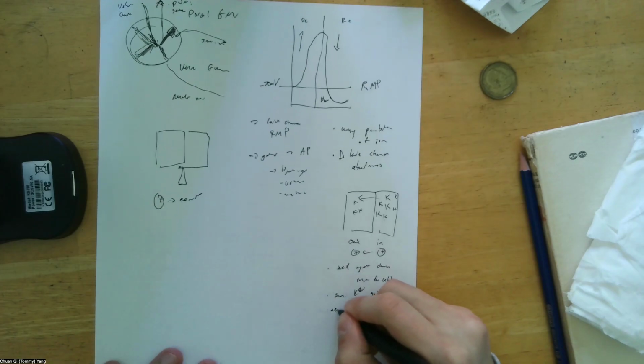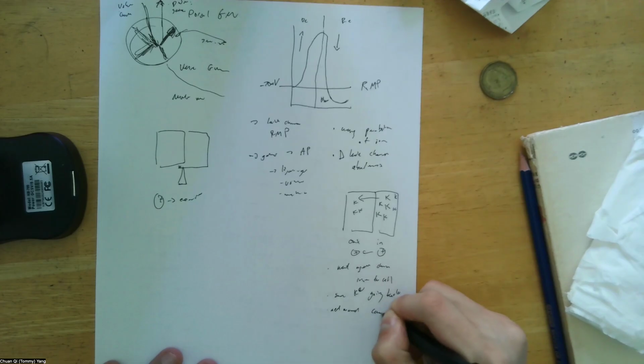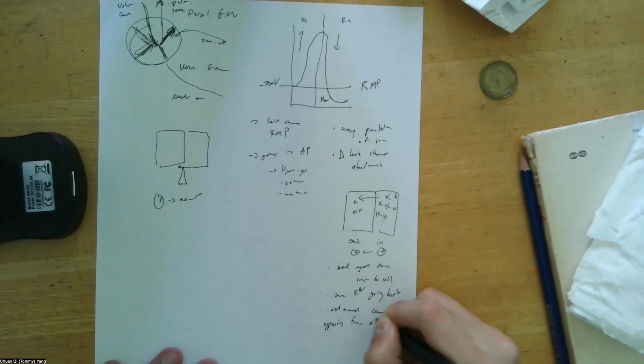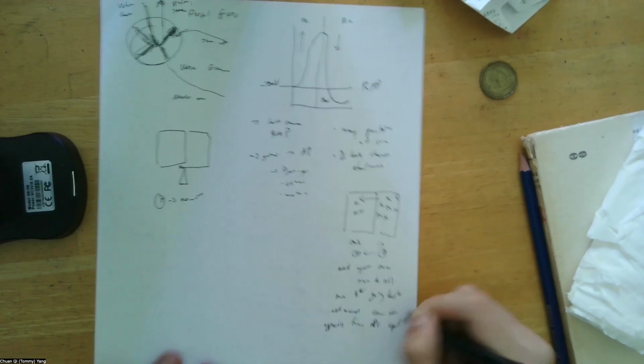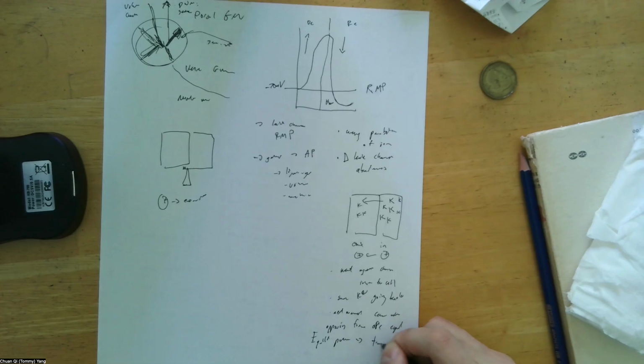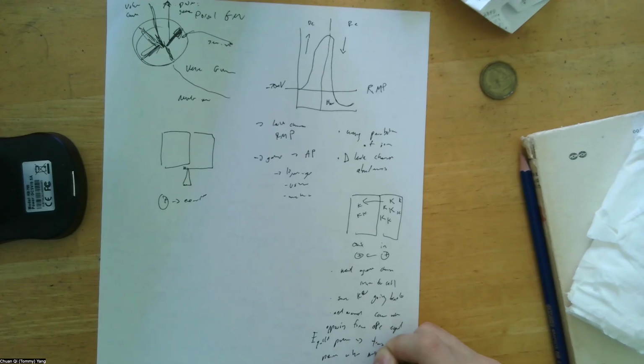And then net movement ceases when opposing forces are equal. This is what's called the equilibrium potential, also known as the transmembrane potential when net movement is zero.